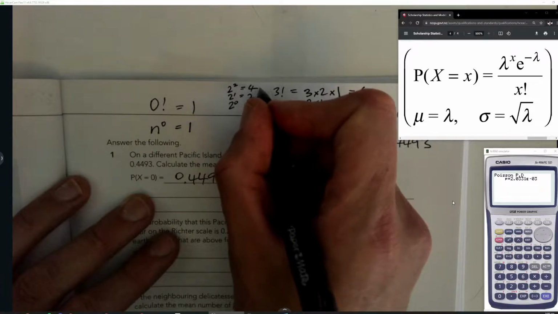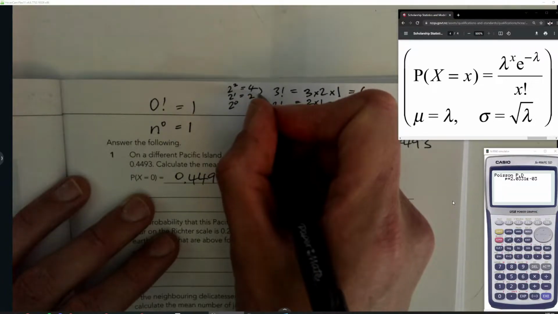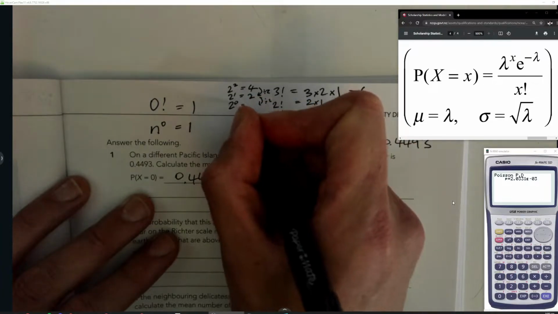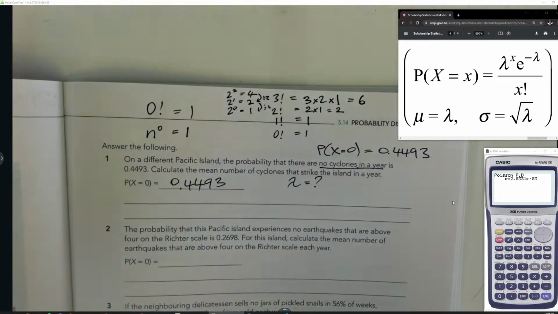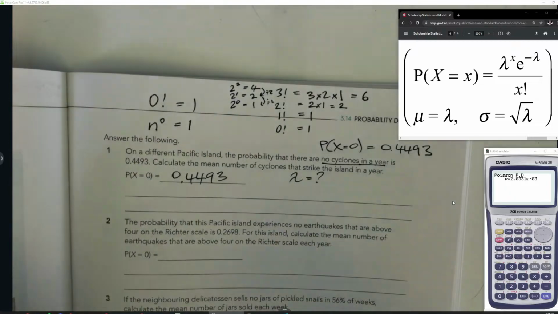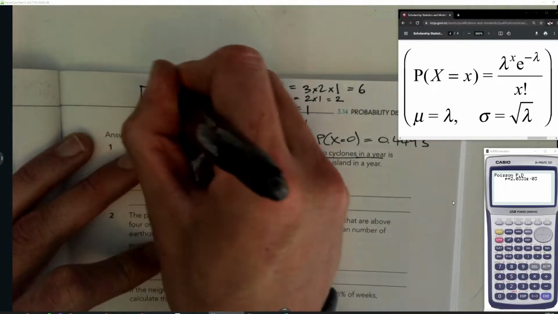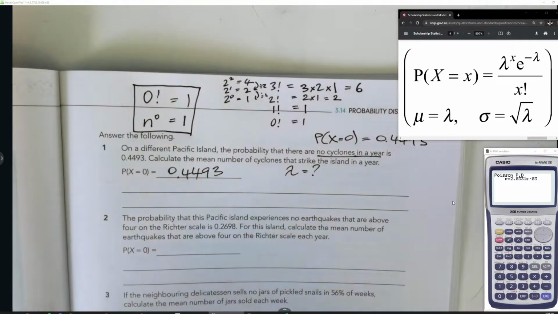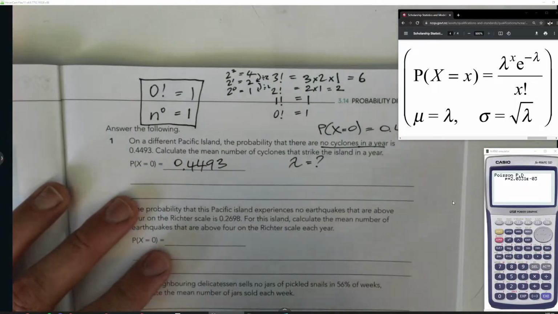To go from here to here, you just divide by 2, so we do the same to go from here to here. You divide by 2 when you're moving down. That is why anything to the power of 0 is going to be 1. It's not really a full proof, but I don't think you guys care too much. These are the two things you've got to know: anything to the power of 0 is 1, and 0 factorial is also 1. And 1 is one of the easiest numbers to deal with in maths, so that makes this really straightforward.